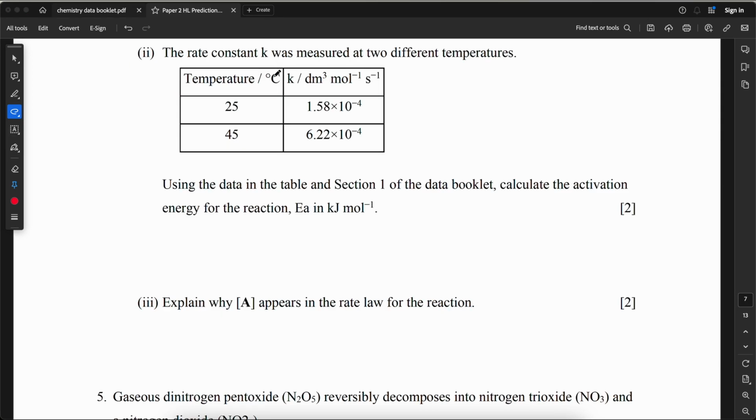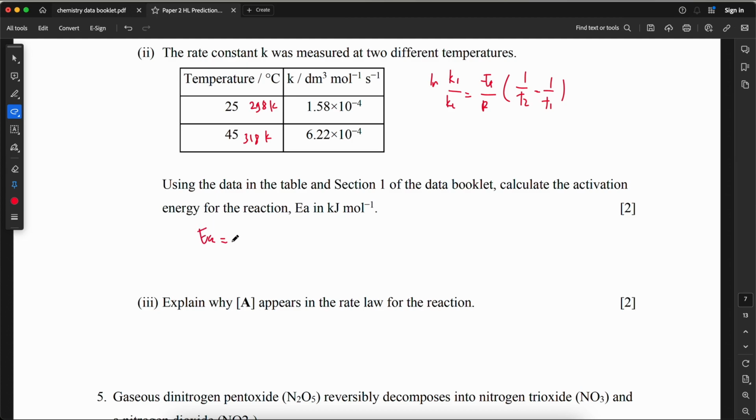The rate constant was measured at 2 different temperatures. So this 25 should be 298 Kelvin. This would be 318 Kelvin. Using the data in the table and section 1 of the data booklet, calculate the activation energy for the reaction, Ea in kilojoule per mole. Remember this formula, ln k1 over k2 equals Ea divided by R, times 1 over T2 minus 1 over T1. So let's rewrite the equation.